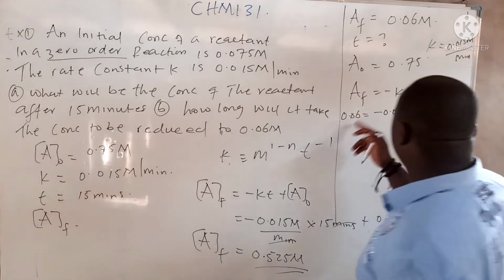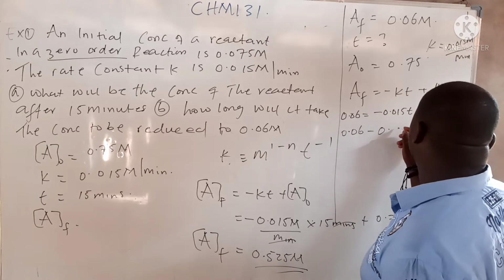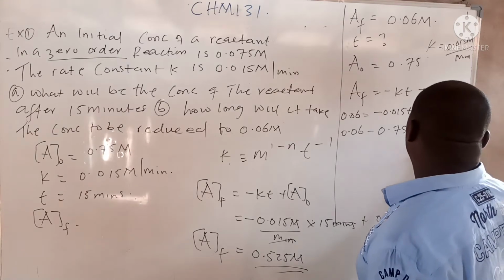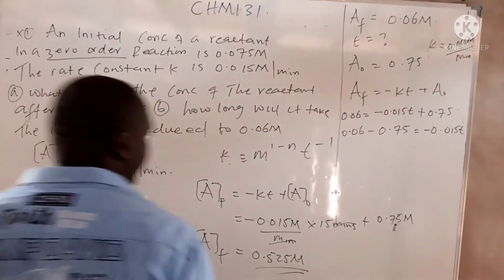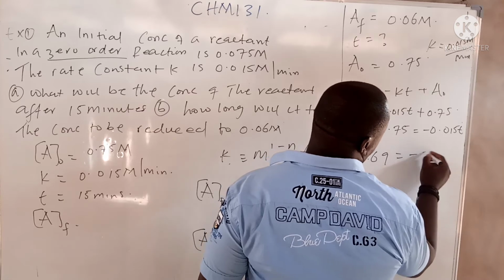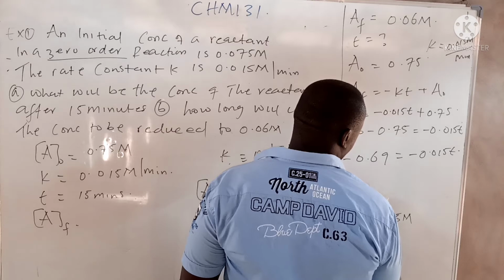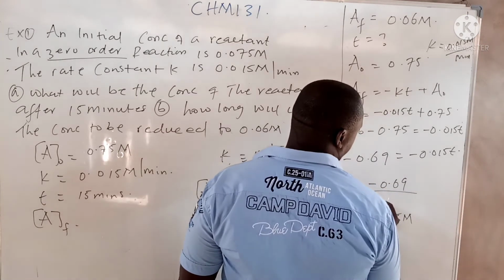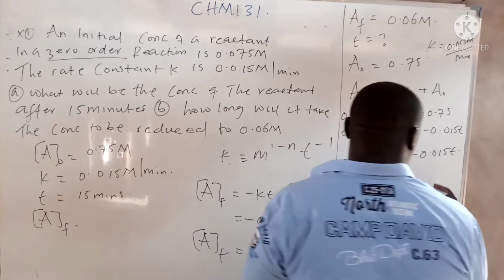So I will collect like terms here. This is 0.06 minus 0.75 is equal to minus 0.015 T. Now 0.06 minus 0.75 should give you minus 0.69, which is equal to minus 0.015 T. Now T is minus 0.69 divided by minus 0.015, and that should give you an answer of 46.